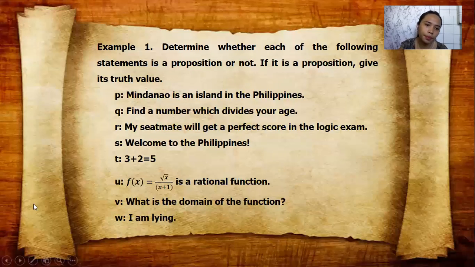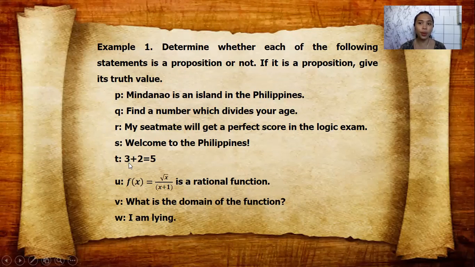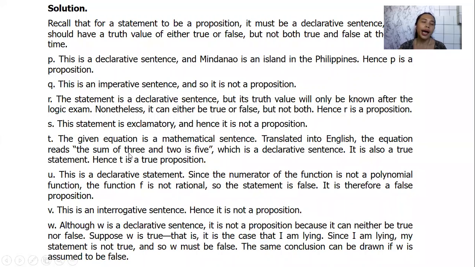Another. T is the proposition 3 plus 2 is equal to 5. Okay. It is a mathematical sentence, but if we are going to translate it into English, this will read as the sum of 3 and 2 is 5.